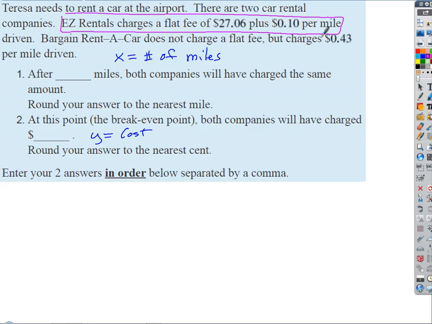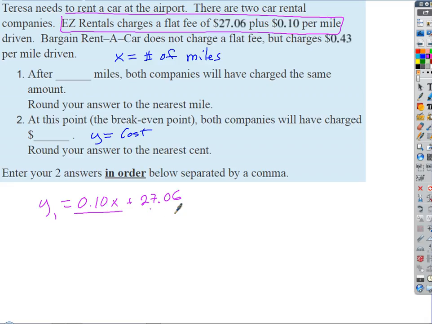So we'll call this y1 equals 0.10x, there's my rate, plus 27.06. So this term represents the cost per mile times the number of miles. So there's the per mile part of the charge, and then there's the flat fee.